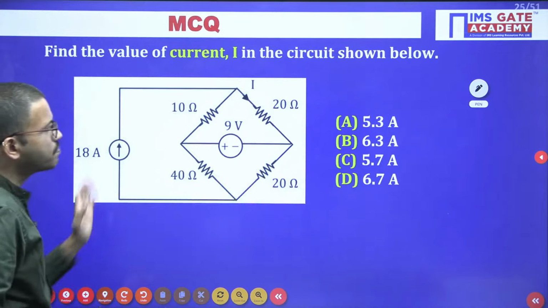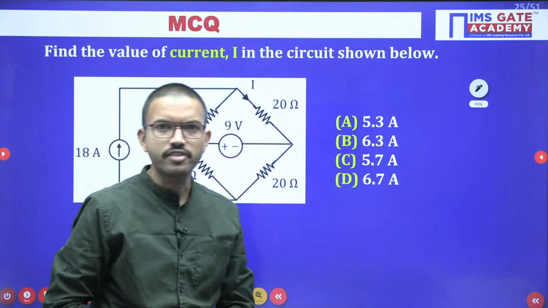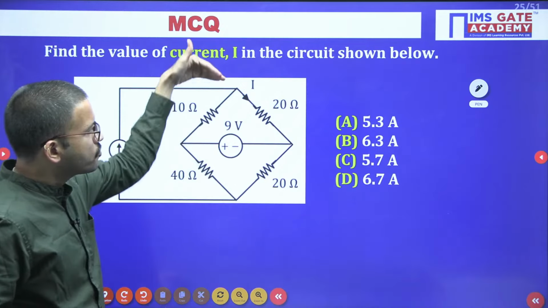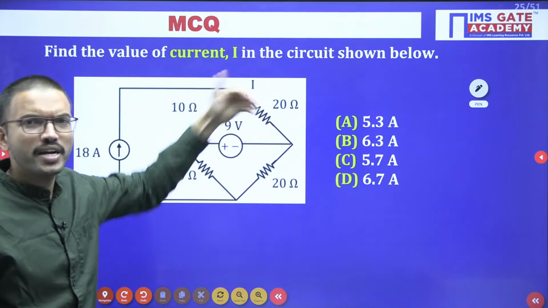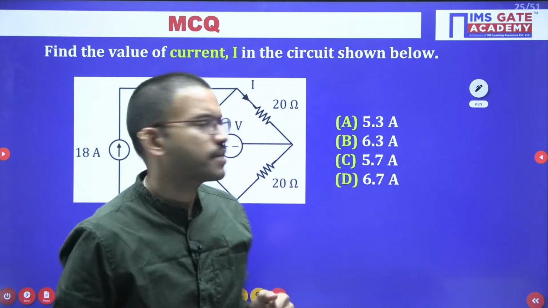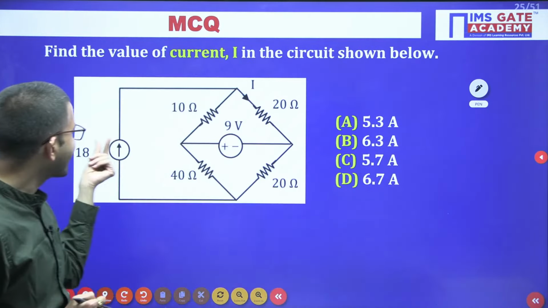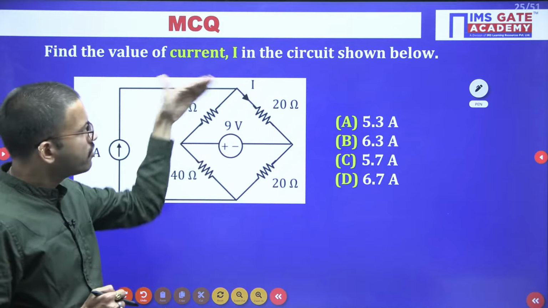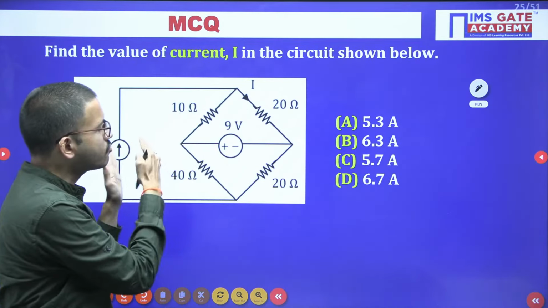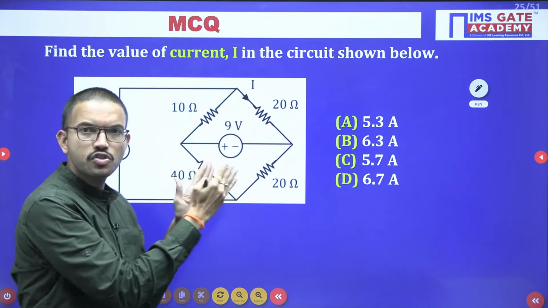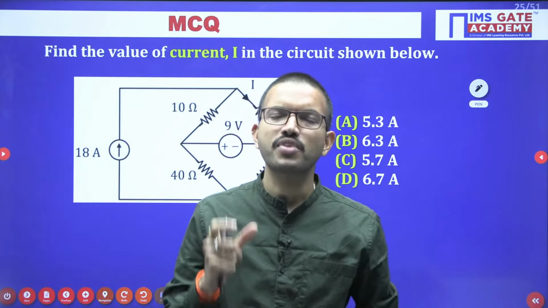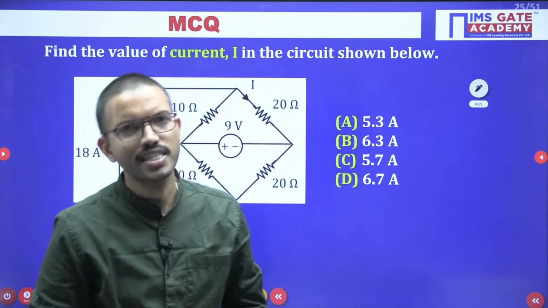Whenever you have multiple sources present in the given network and you want to find the response of any particular branch, where response means either current or voltage, you can consider one source at a time and find the response. Because of each source, whatever response you get, later you can perform the resultant sum.